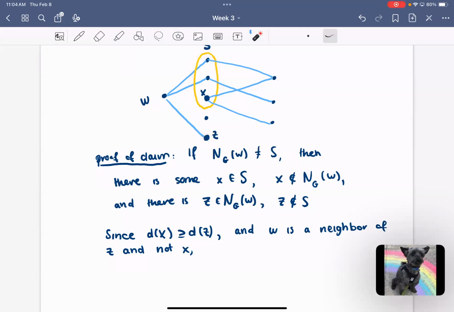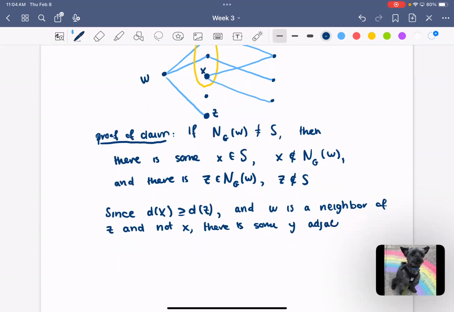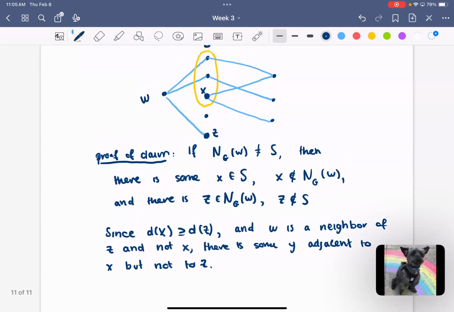And furthermore, we've already identified a neighbor of Z that's not a neighbor of X. So that means that there is a neighbor of X which is not a neighbor of Z. So there is some element Y which is adjacent to X, but not to Z. In this case, there's multiple choices for what we could pick for Y. So it could be this vertex or this vertex, but I'll take this one.